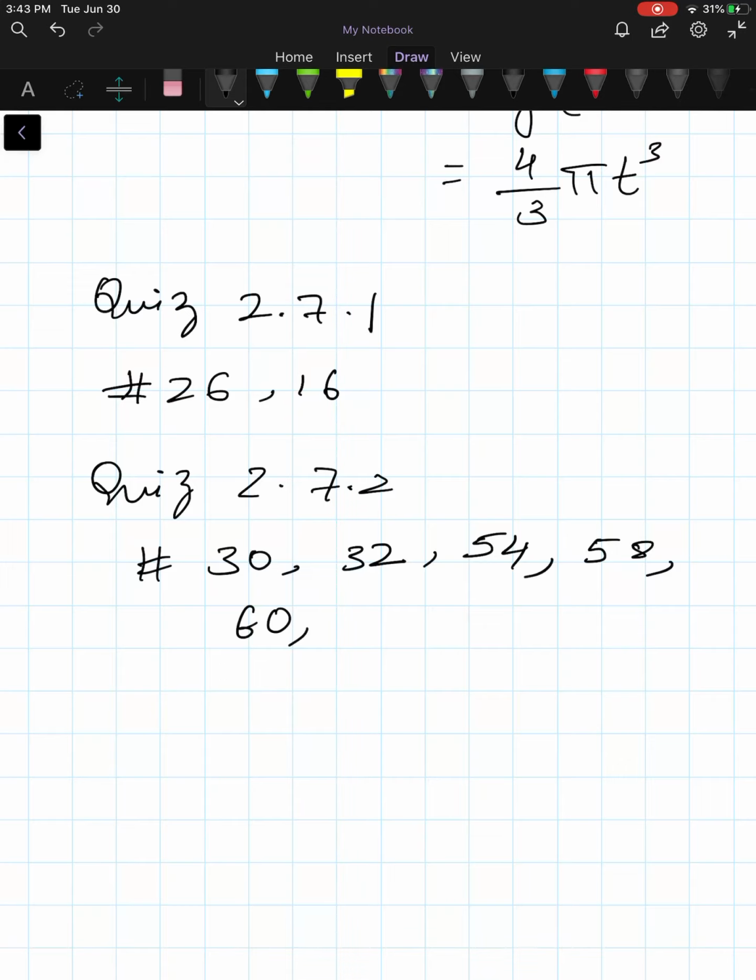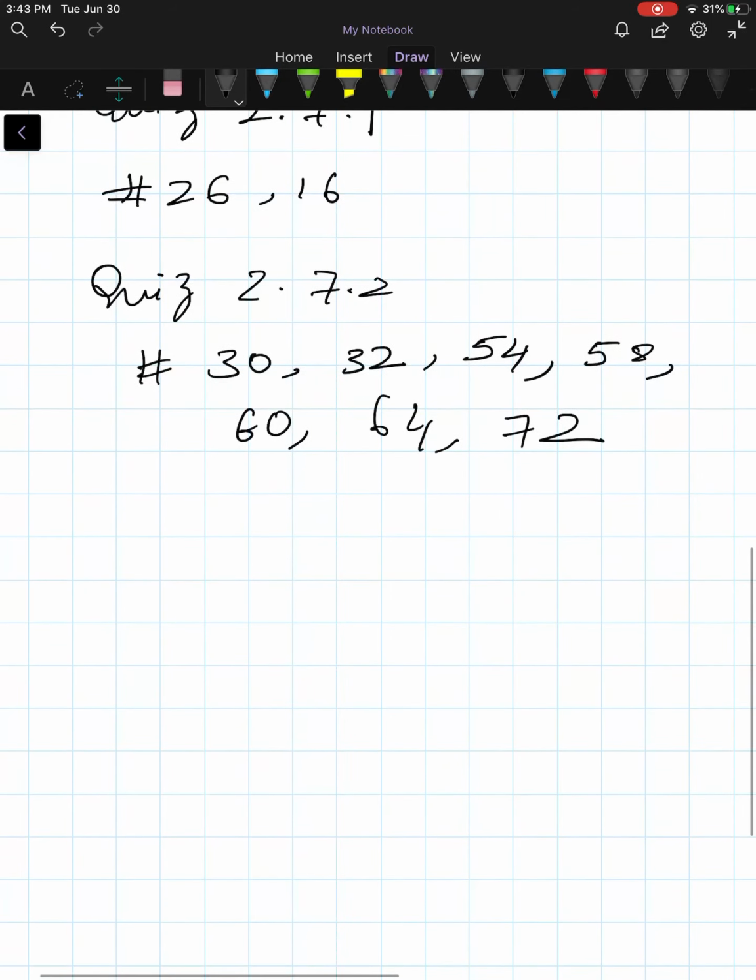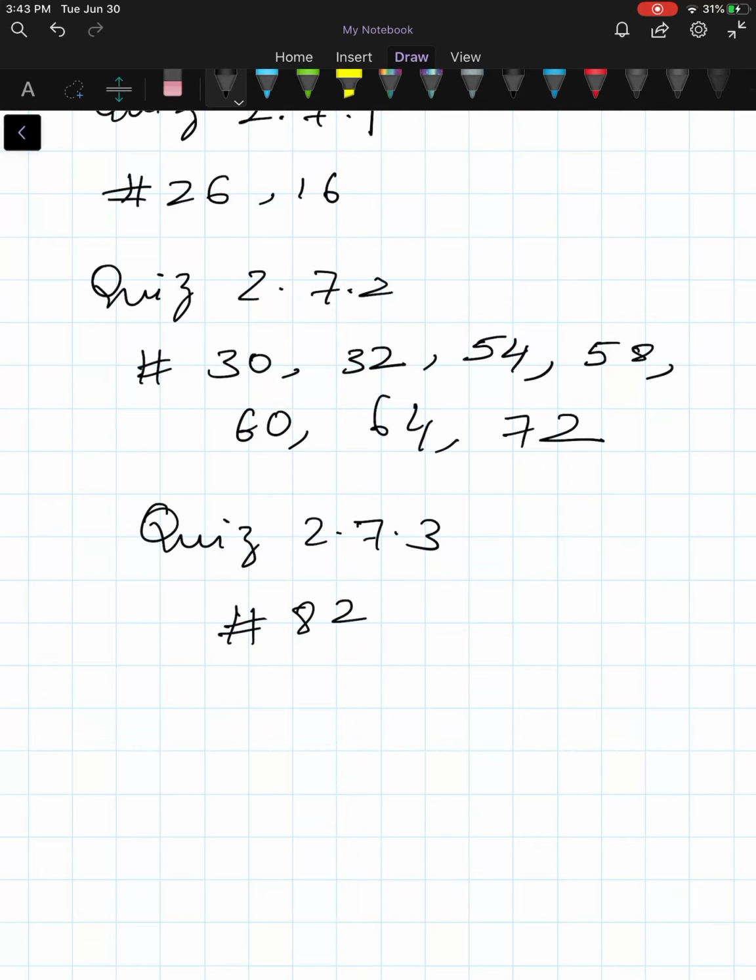This is big because we solved many problems regarding composition of functions. So quiz 2.7 has many questions, and quiz 2.7.3 is problem number 82.